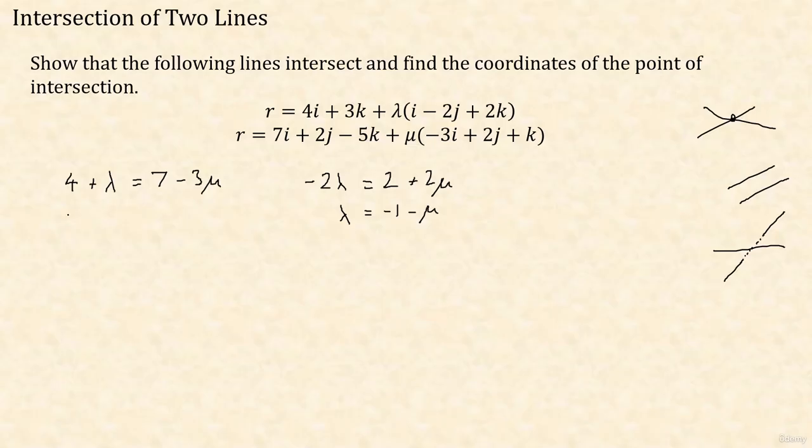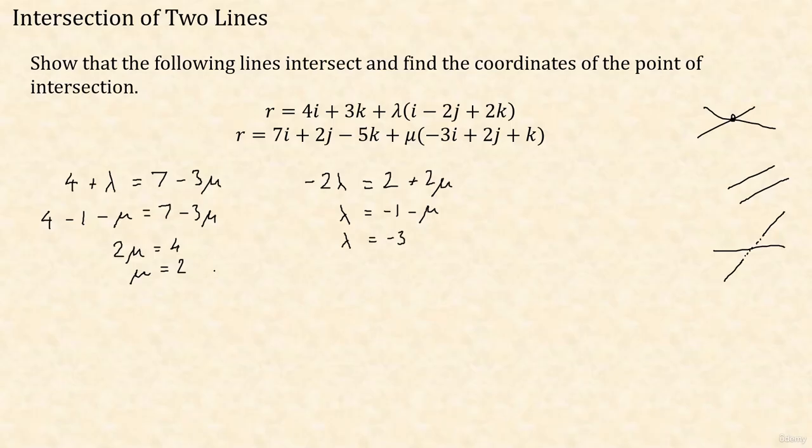And if I substitute that into here, I get 4 plus lambda, which is -1 minus mu, equals 7 minus 3 mu. Add 3 mu to both sides, I get 2 mu. And then 7 plus 1 is 8, minus 4 is 4, and we get mu is 2. Substituting that into here, I get lambda is -3.